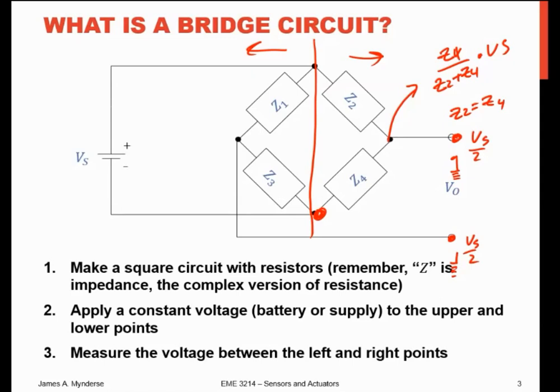But the difference between these two voltages, when everything's equal and balanced, is 0. So I've got a nice starting point where I can set this bridge up so that it's balanced and my no-strain output is 0. Then as I change the impedance of one or more of these devices, my bridge will unbalance itself, and I will get a voltage out here that is proportional to that change.